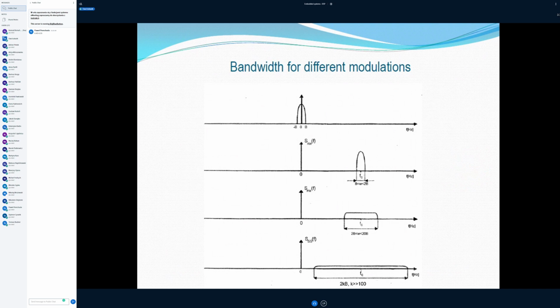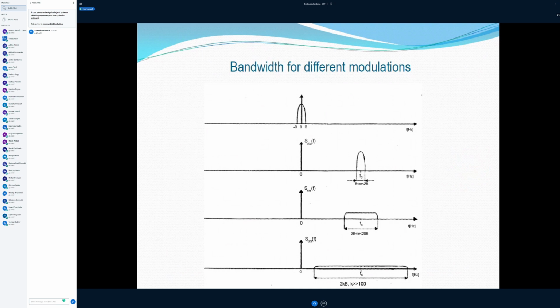One more thing I would like to show you: in each case when the band is bigger, the amplitude of the signal is smaller. So if you calculated the surface below this function, or this function, and this function, it would always be the same.